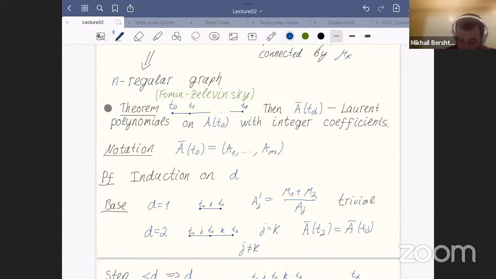After the first mutation in T1, we get some variable Aj prime, and then if we mutate in k, we get some new variable Ak prime. But this variable Ak prime will be equal to 1 over Ak times the sum of two monomials, M3 plus M4, where M3, M4 are monomials in all other variables. In principle, it could include Aj prime, but Aj prime only in the numerator, not in the denominator. So this is again a Laurent polynomial. Okay.